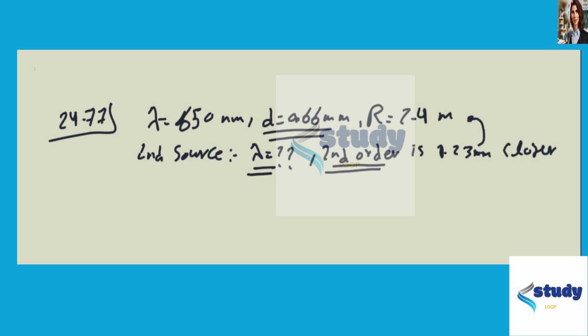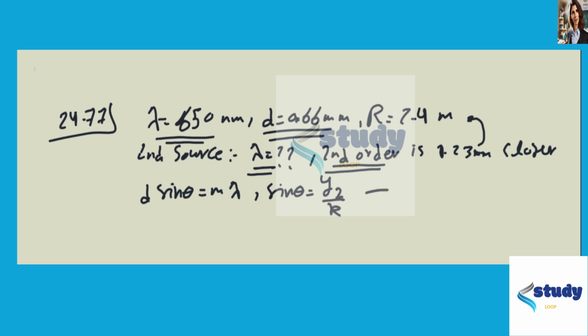To solve this, I will first get the position of the second order coming from the wavelength that we know. The condition for constructive interference and bright fringes from two slits is d sine theta equals m lambda. In our case, m is 2 because we're looking for the second order, and sine theta, as always, is y2 over r.